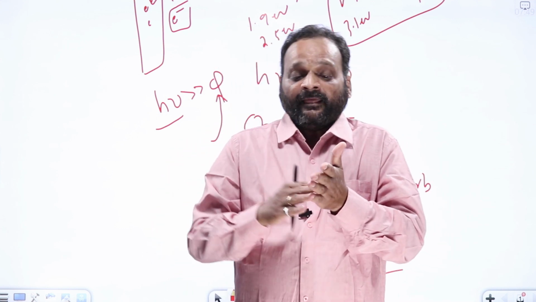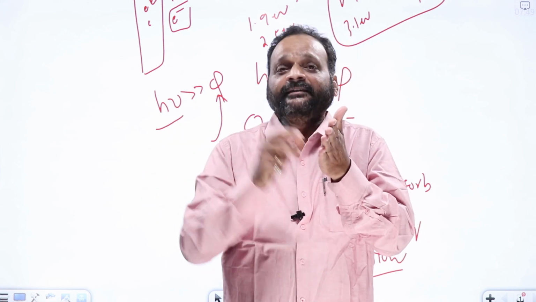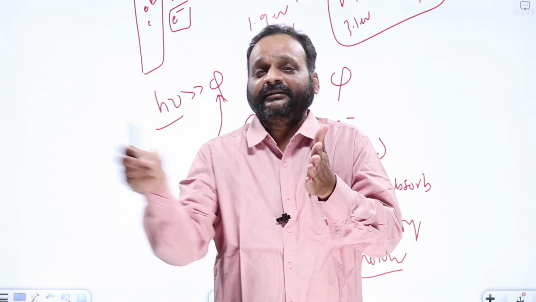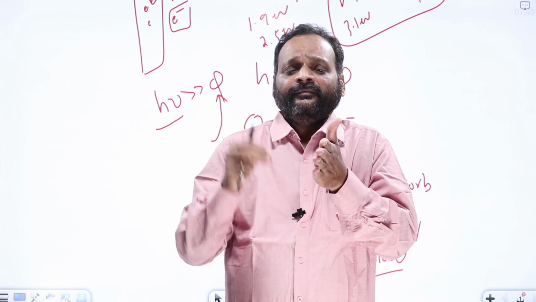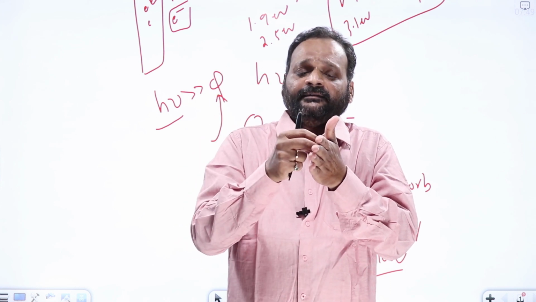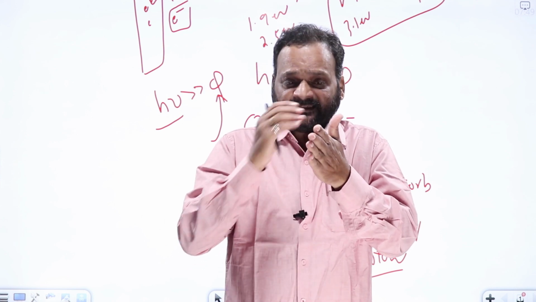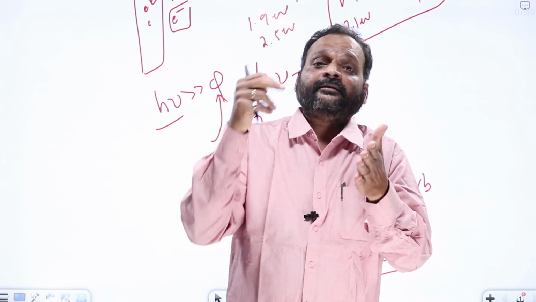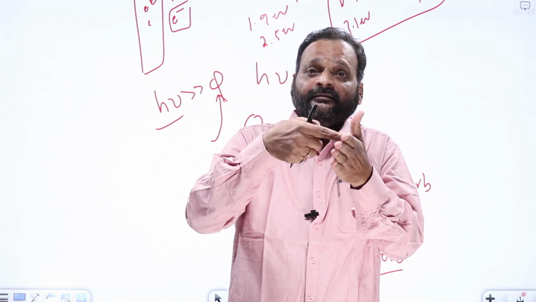Only the electron is there. So in the examination, they won't even specify whether it is photoelectric effect or Compton effect. They simply say a photon interacts with a bound electron. After the interaction, what happens? Photon disappears. They say bound electron, it means it is photoelectric effect: only the electron will come out, the photon disappears. Instead, if the question says a photon interacts with a free electron, that is Compton effect.